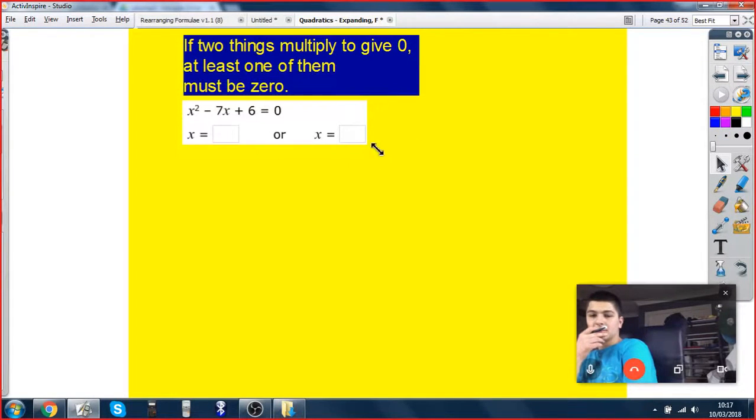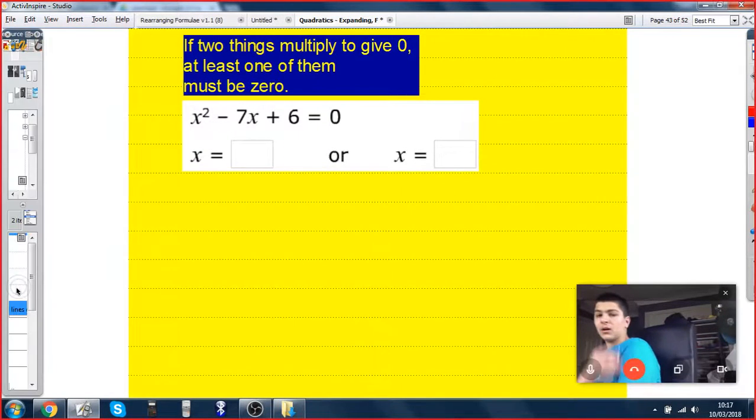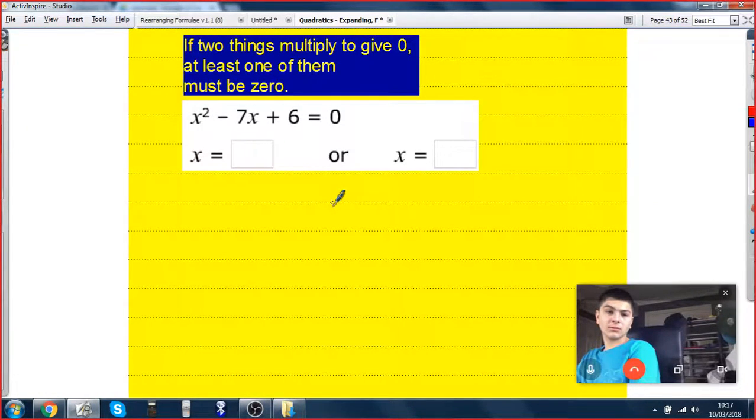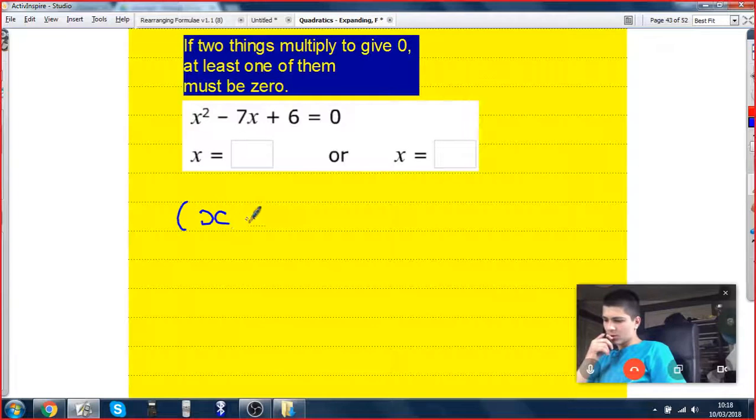Okay, so this one here, any idea how we can use that to solve this? Yeah. So if we first of all put that into double brackets. So the first one would turn into x minus 6 and x minus 1.